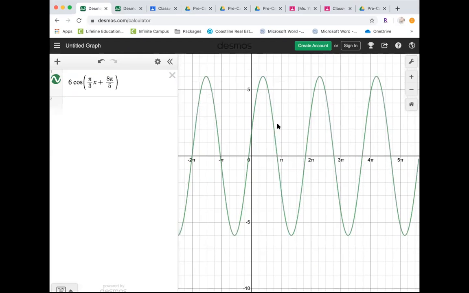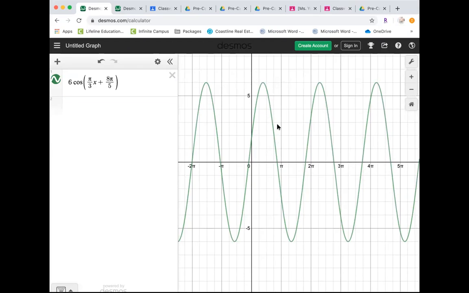And this is how your graph looks right now. Miss, for the period, you said it only matters what's in front of the x? Yes, only what's in front. You're wondering if 8 pi over 5 matters? It doesn't matter. It's just whatever is in front of x.